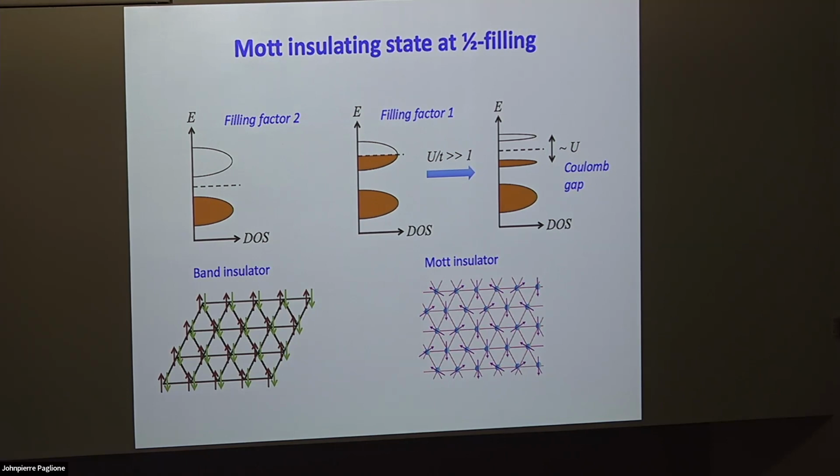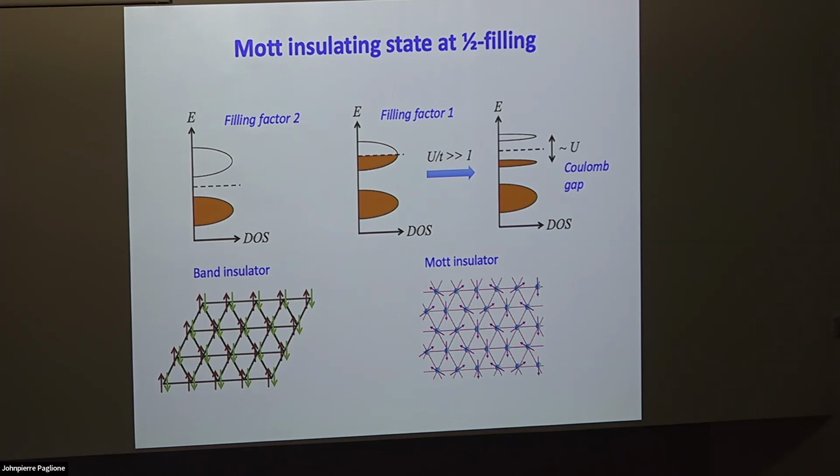Well, this insulator is very different from this insulator. Of course, the charges are localized in both of these insulators, but this insulator also has no life in the spin, because the two spins form a spin singlet here, and that's really quite boring. But this insulator here, each site has 1 spin.